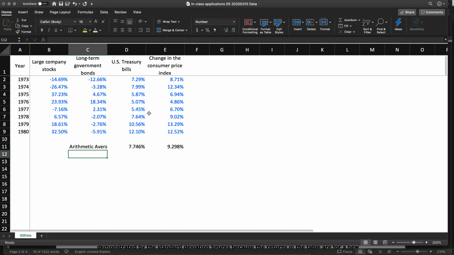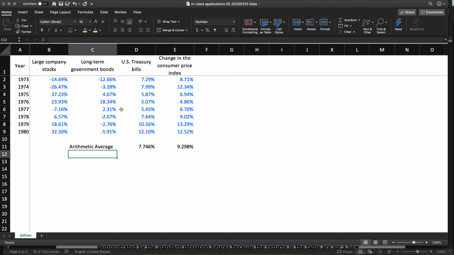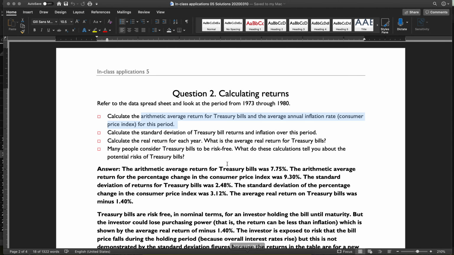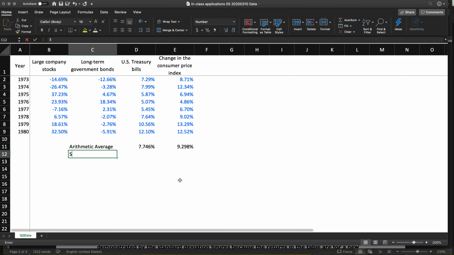Let's make that just a little bit bigger. And then the next question is, what is the standard deviation? We'll do that right now.